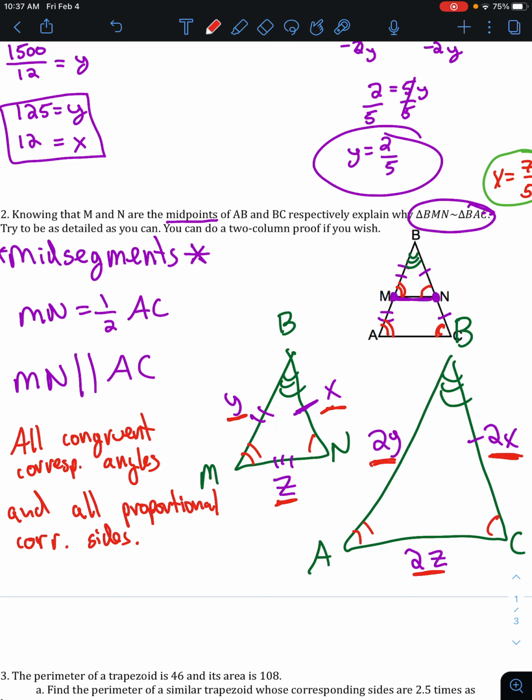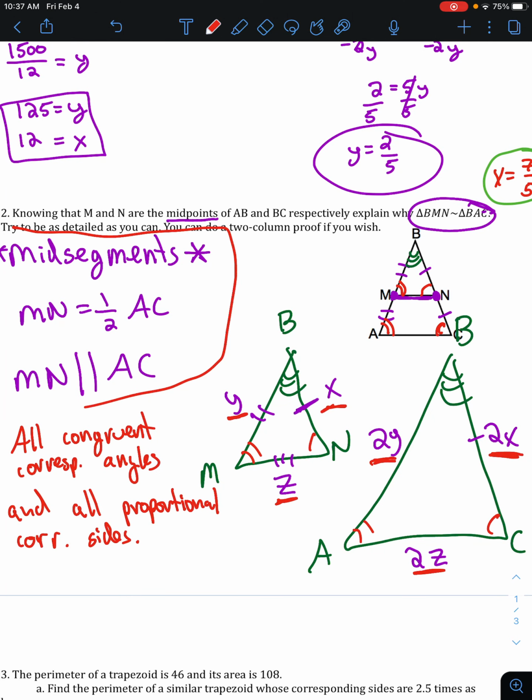You want to just know these properties of mid-segments, and you want to know that that means all the angles are congruent and all the sides are proportional. My apologies. So being able to understand everything I said there is definitely a must.